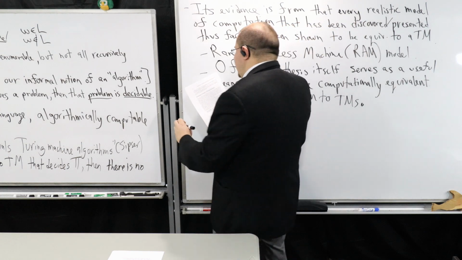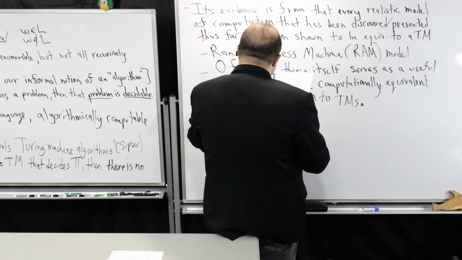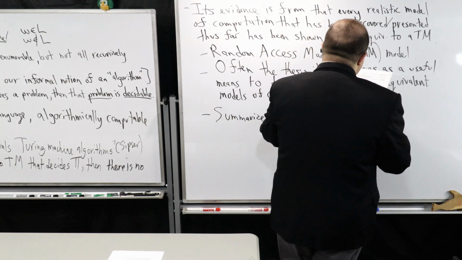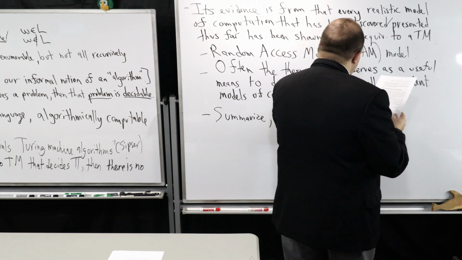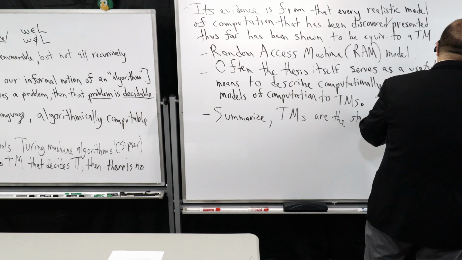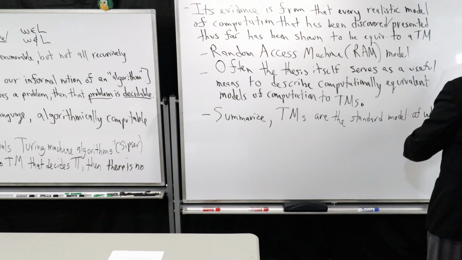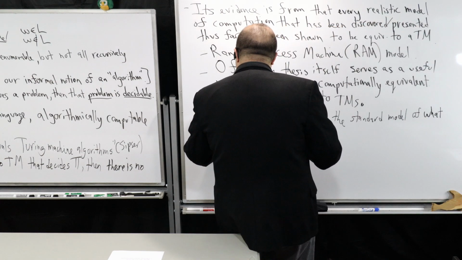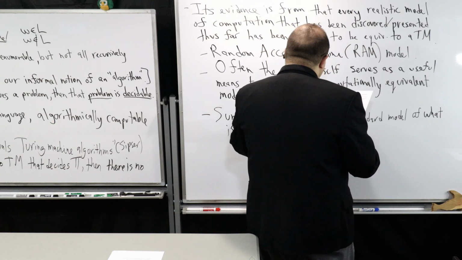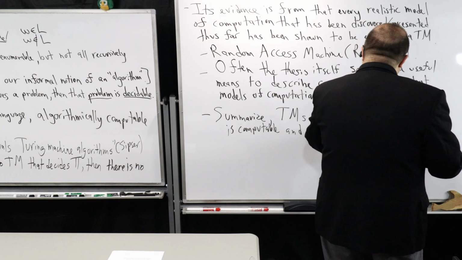So just to summarize what I said earlier, Turing machines are the standard model of what is computable, and how we formally define an algorithm.